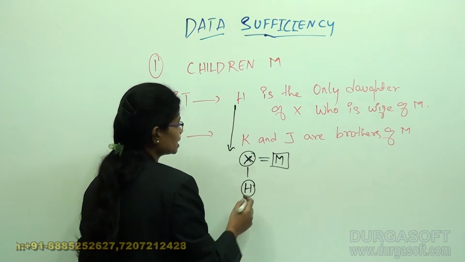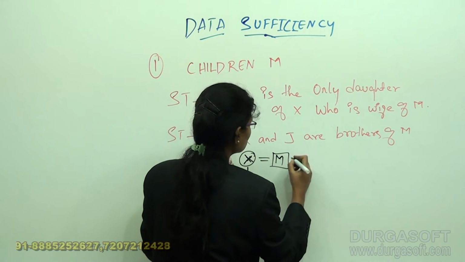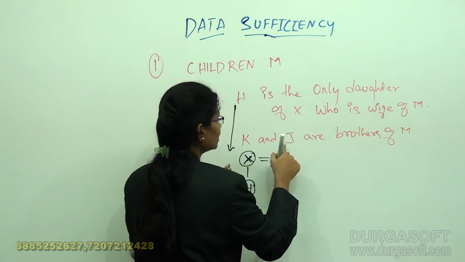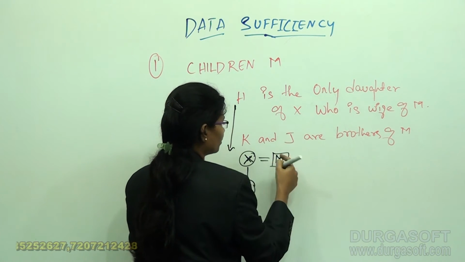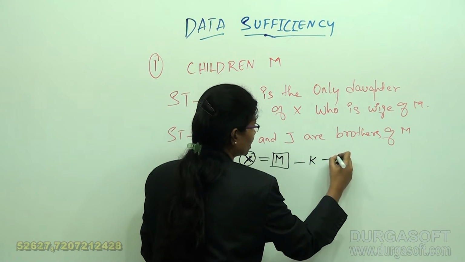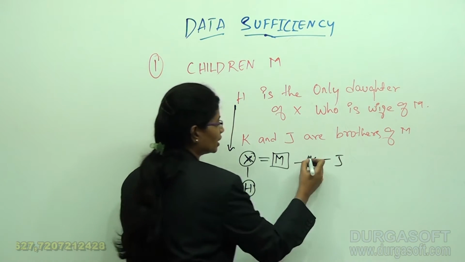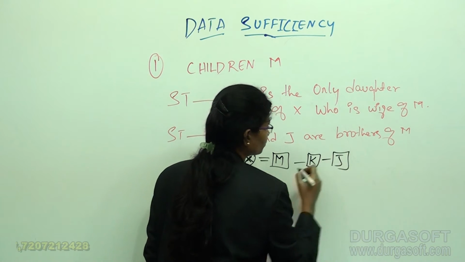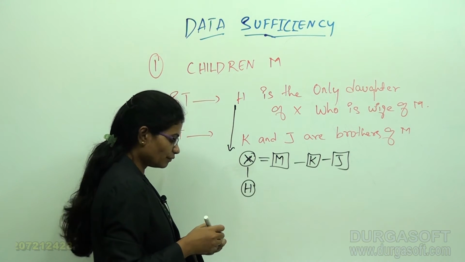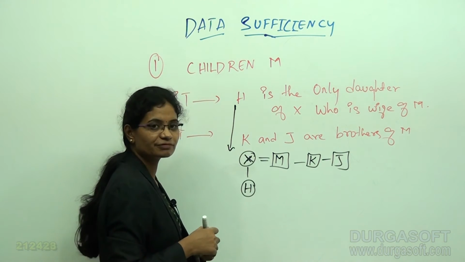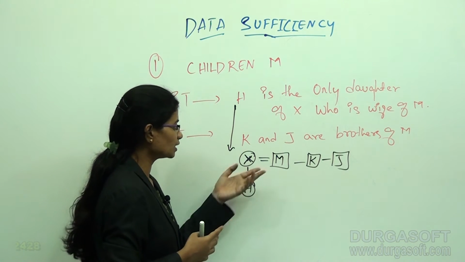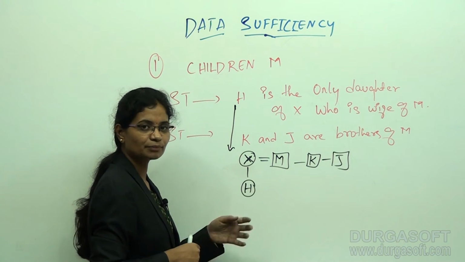Let's go for statement 2. Statement 2 is K and J are brothers of M. That means these two persons are brothers of M. With statement 2, I have no use in knowing how many children M has.